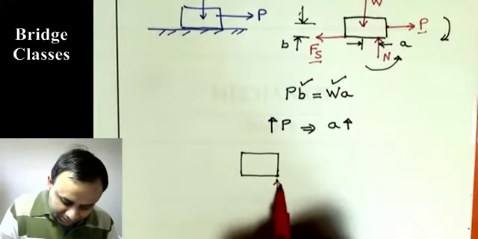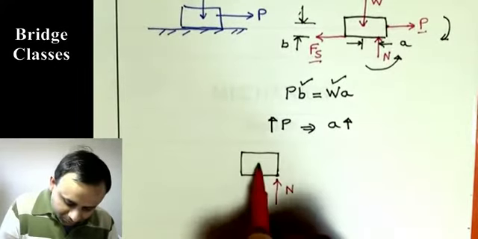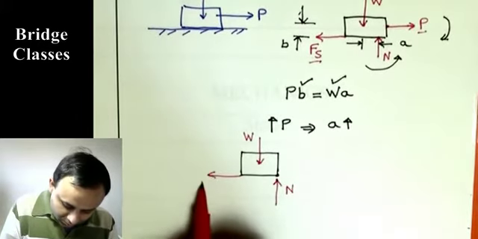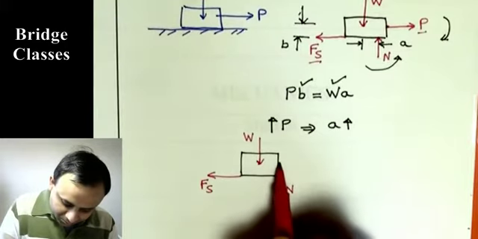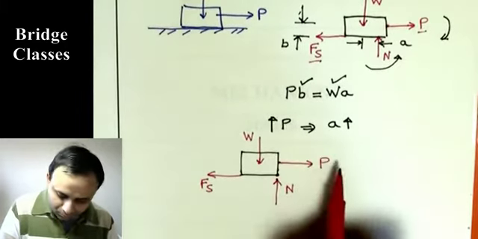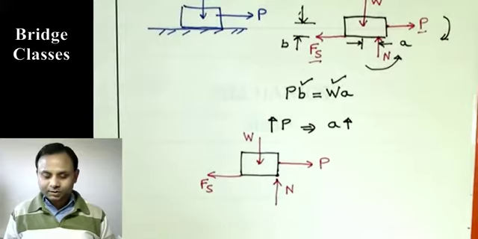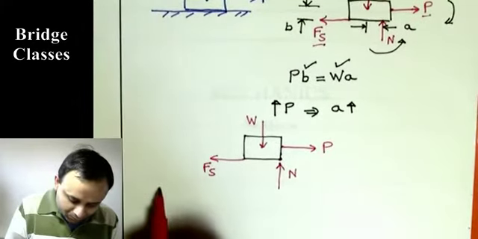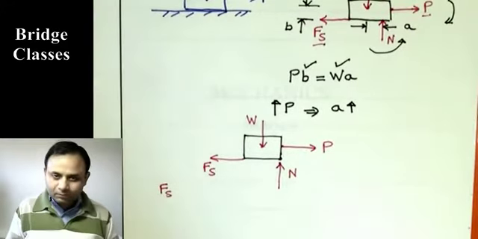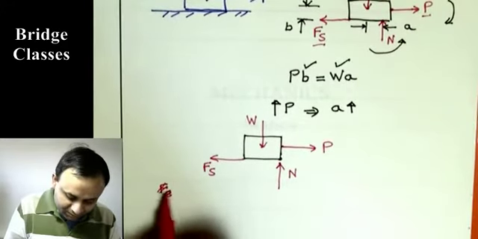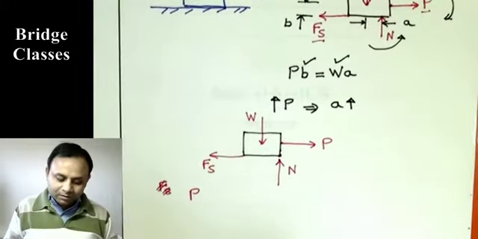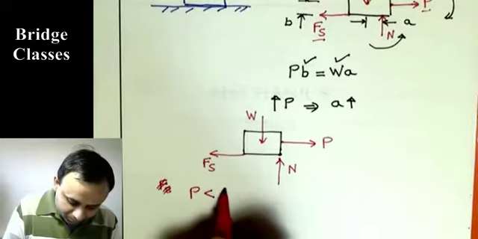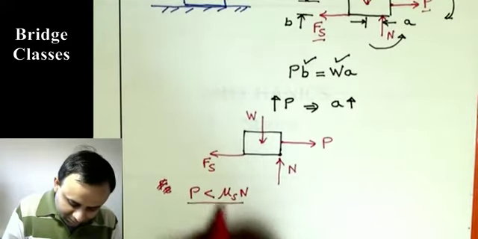So normal reaction is acting on this point, weight from the center of gravity, Fs and P. It reached this point. And let us say even at this point, instead of Fs, let me say P, is less than mu s N. So this is the situation.